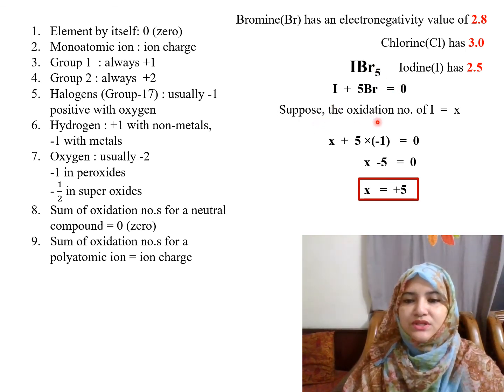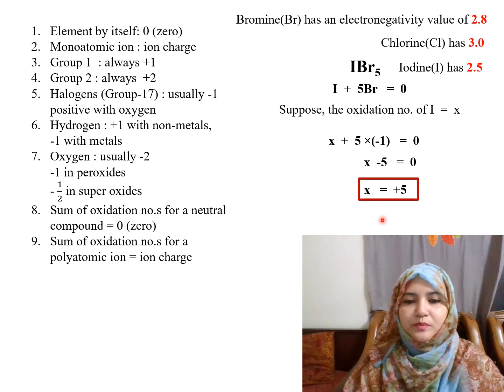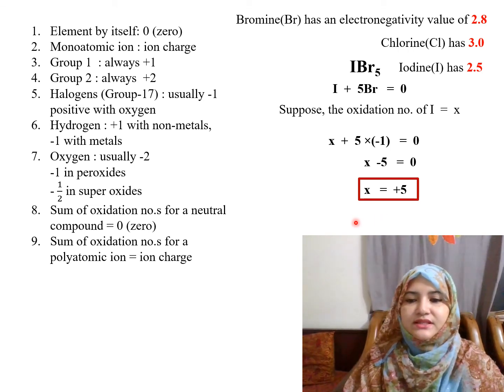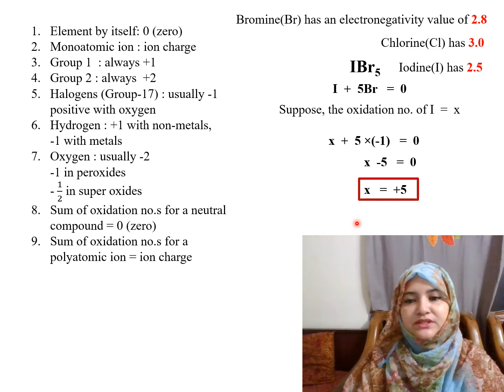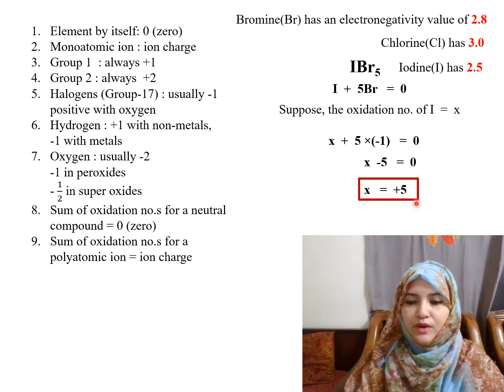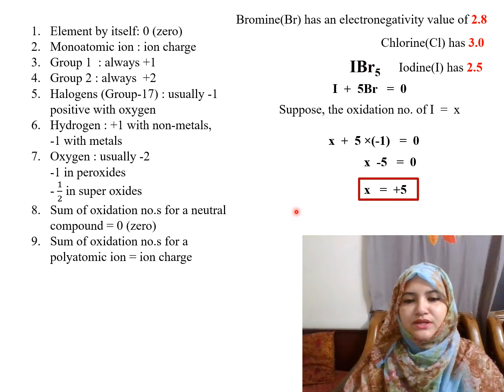Suppose the oxidation number of iodine is X. From this typical calculation, we get X equal to +5. That means the oxidation state of iodine in iodine pentabromide is +5, and bromine uses its natural oxidation state -1.